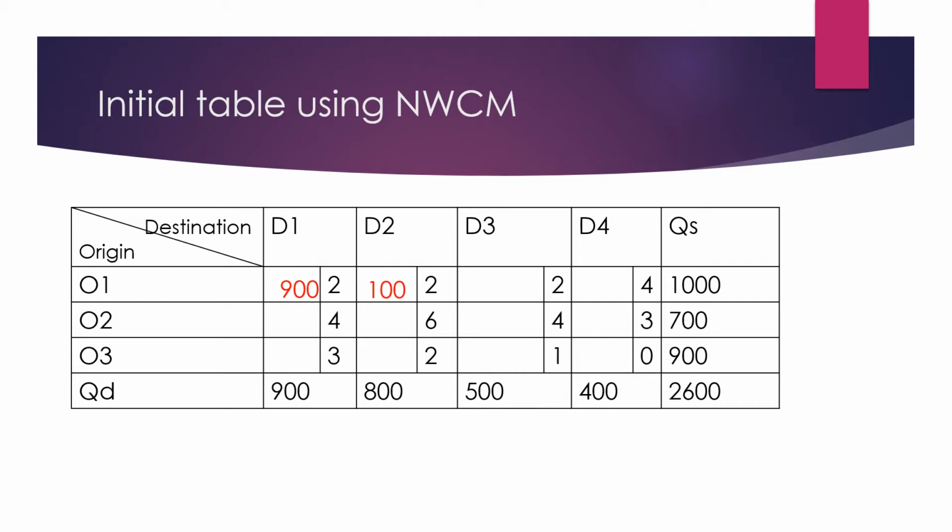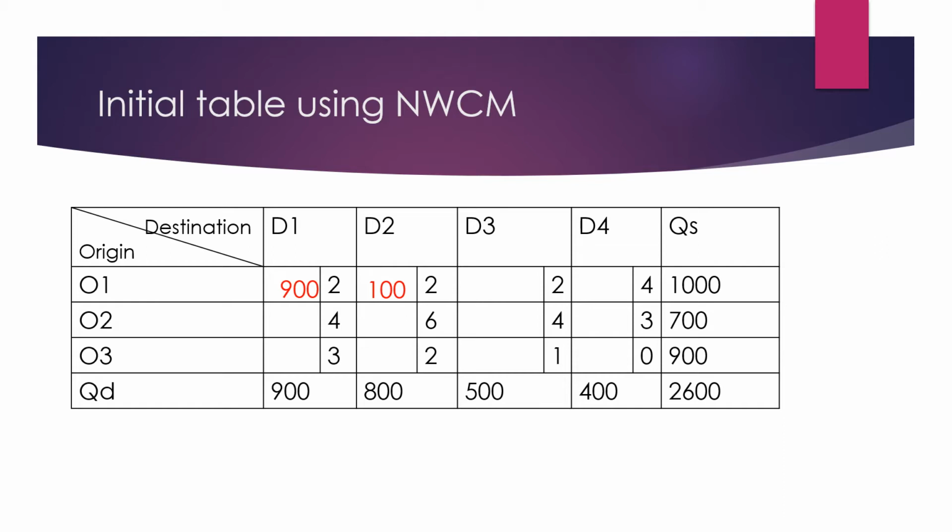Then we are going to allocate to the next northwest corner cell. The next one is O2, D2 cell. How much are we going to allocate? 700, or are we going to allocate 800?